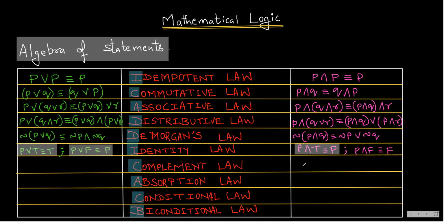Now let me have P as true. If I have P as true, then what will the left hand side become? The left hand side will become true and true. What is true and true?